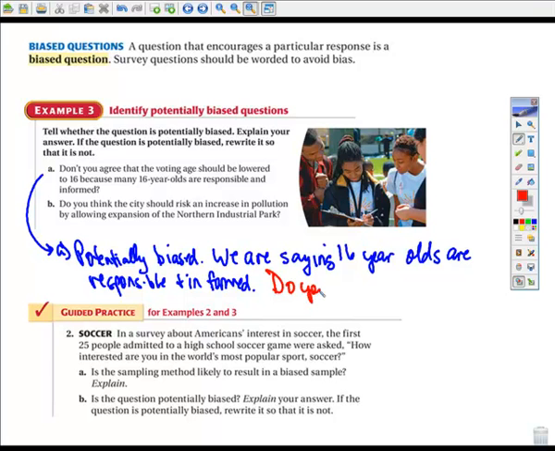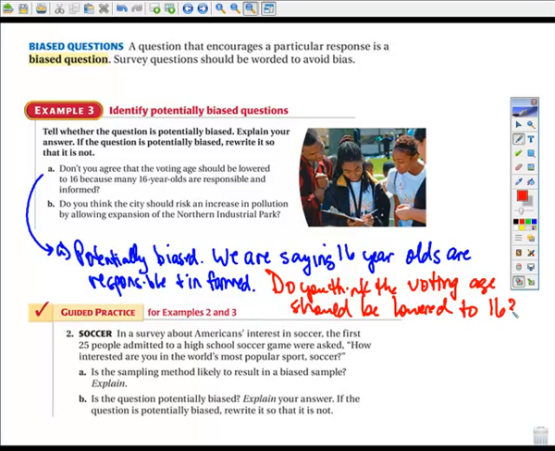Or do you think the voting age should be lowered to 16? Question mark. And that's it. We're not saying because of a reason, we're just asking, period, do you think that 16-year-olds should be able to vote?